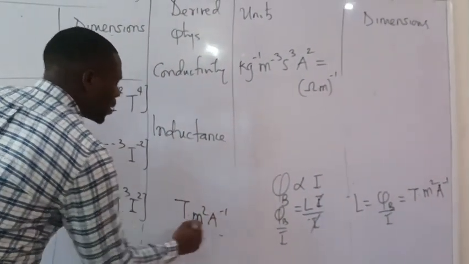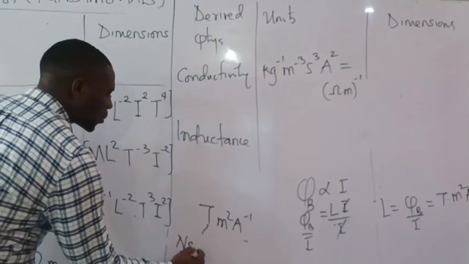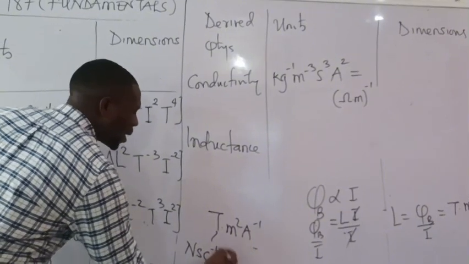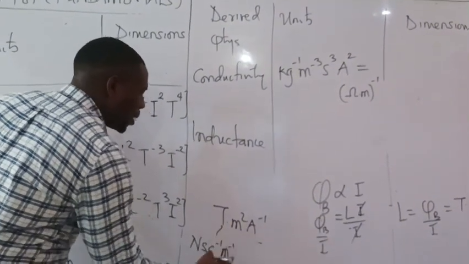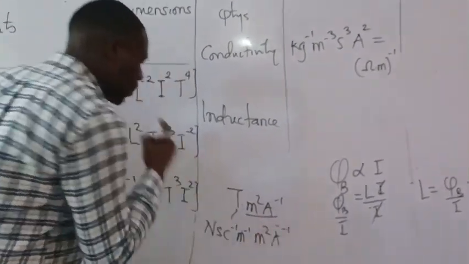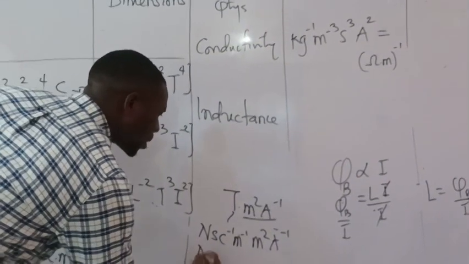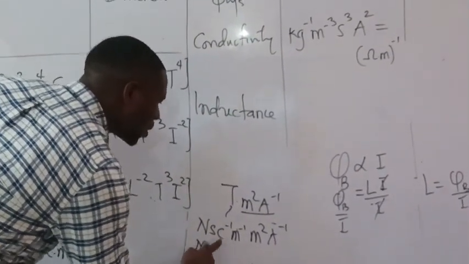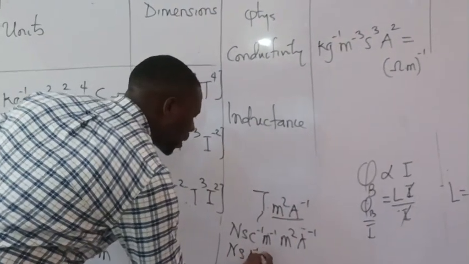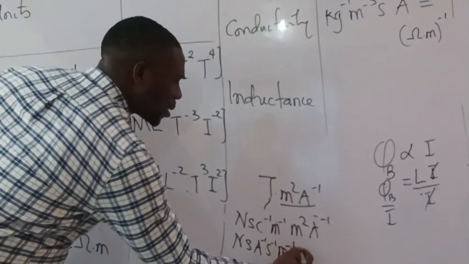Tesla itself is Newton second per coulomb per meter. Then I have meter raised to power 2, I have per ampere. Now you agree with me that I may still keep this Newton second. We know that coulomb is ampere second, so this is ampere second inverted, since coulomb is inverted.